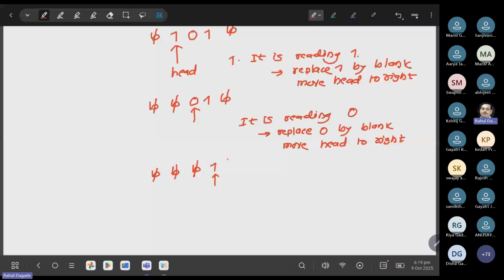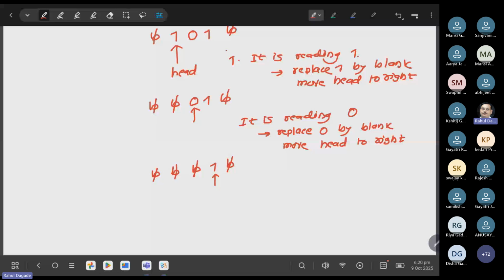Again, now it has got 1. And already we have an action for 1: if it is reading 1, then convert it into blank and move the head to the right. So what will be the output after this? Blank, blank, blank, 1 is converted into blank, and now our head moves to the next. Now it is reading blank.